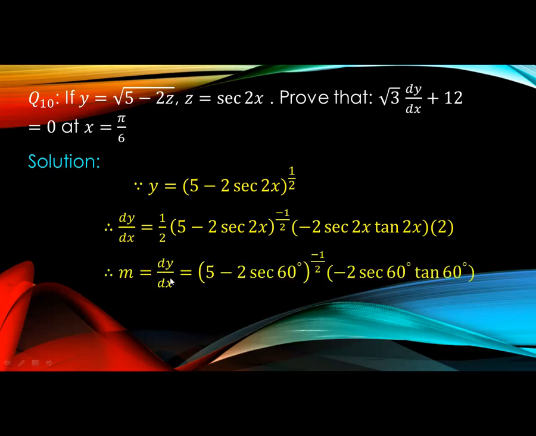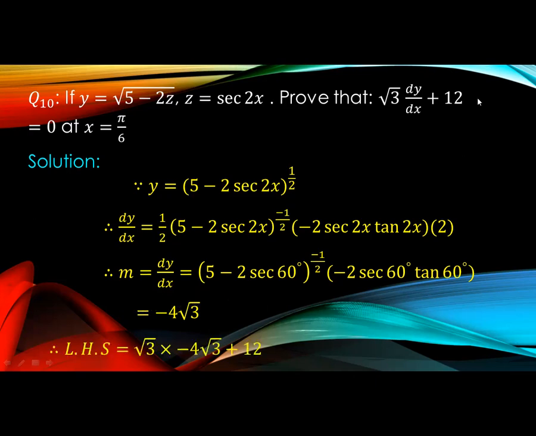So the slope m equals dy by dx equals 5 minus 2 sec 60 degree to the power negative half times negative 2 sec 60 tan 60 degree. By using your scientific calculator, you can find the value of the slope, that is equal to negative 4 root 3.